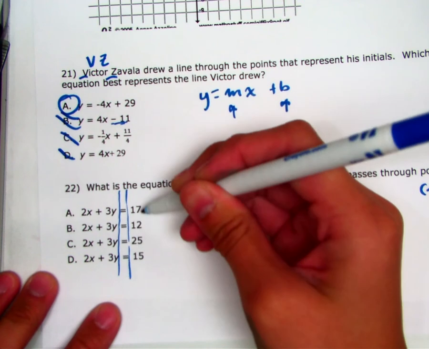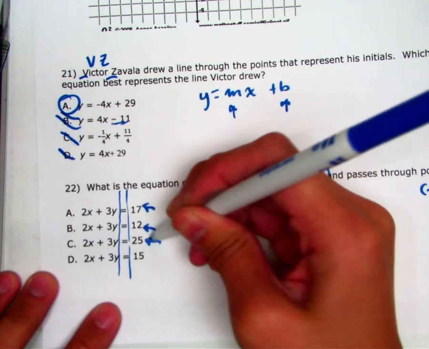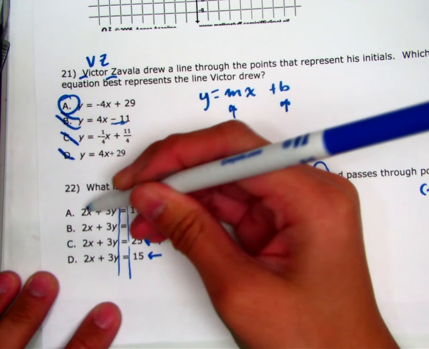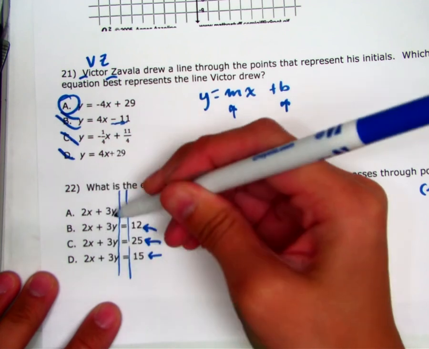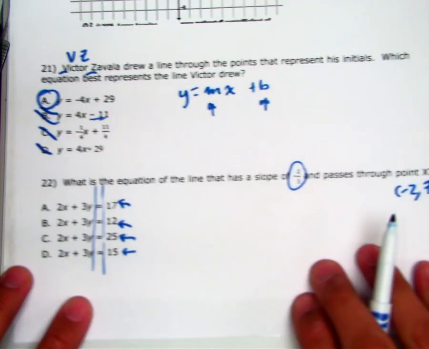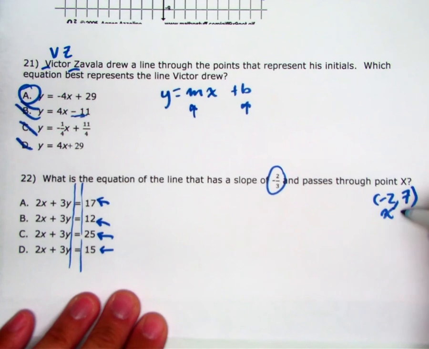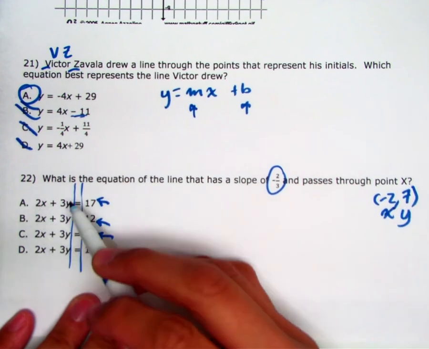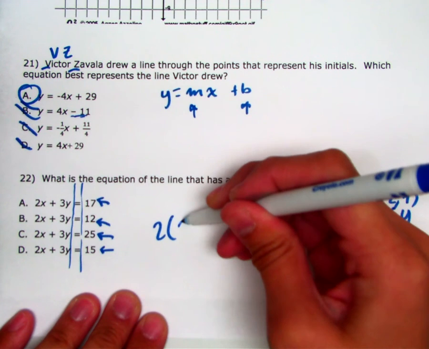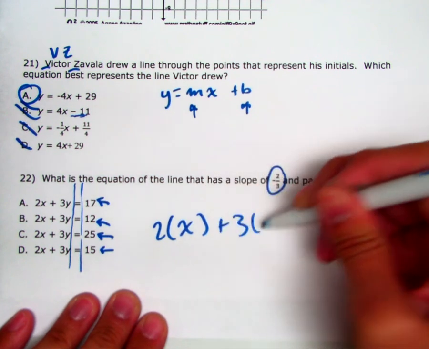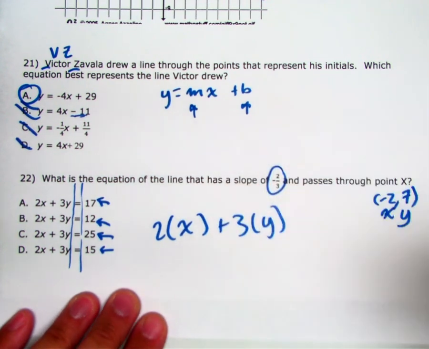The 2x plus 3y is constant throughout. So after that long tedious process, I realized I can really just plug this x value and this y value into this form and see what number it comes up with.